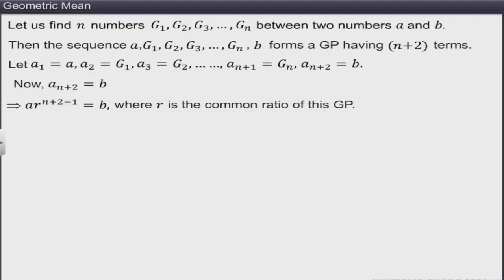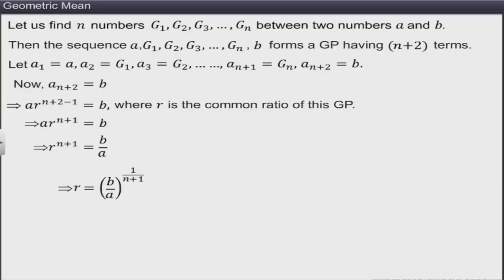This implies that the common ratio r is equal to (b upon a) whole raised to the power of 1 upon n plus 1. Now, let us find the numbers g1, g2, g3 and so on one by one.